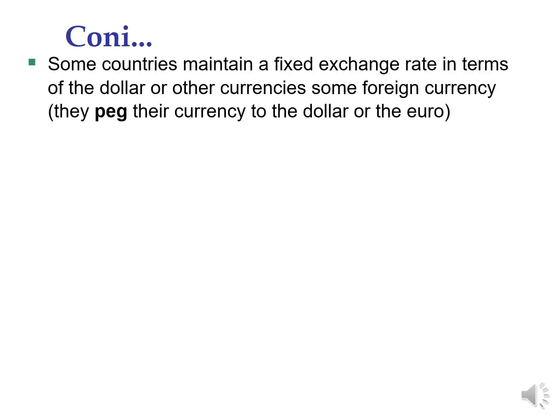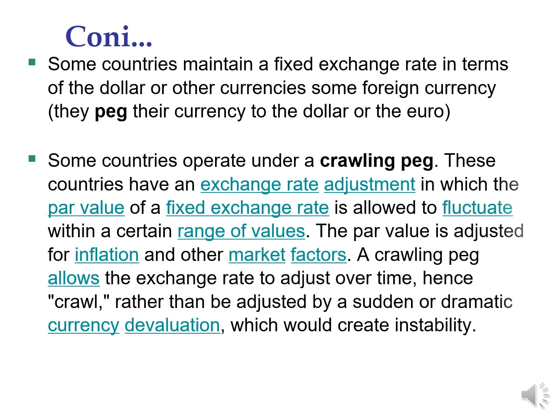Some countries maintain a fixed exchange rate in terms of the dollar or other currencies; they peg their currency to the dollar or the euro. Some currencies operate under a crawling peg. These countries have an exchange rate adjustment in which the par value of a fixed exchange rate is allowed to fluctuate within a certain range of values.